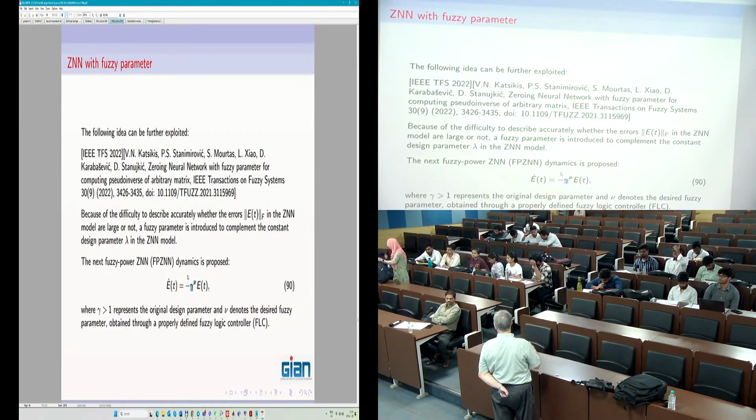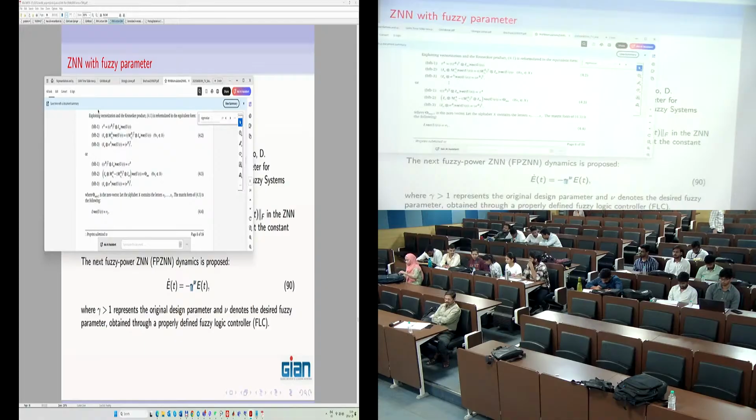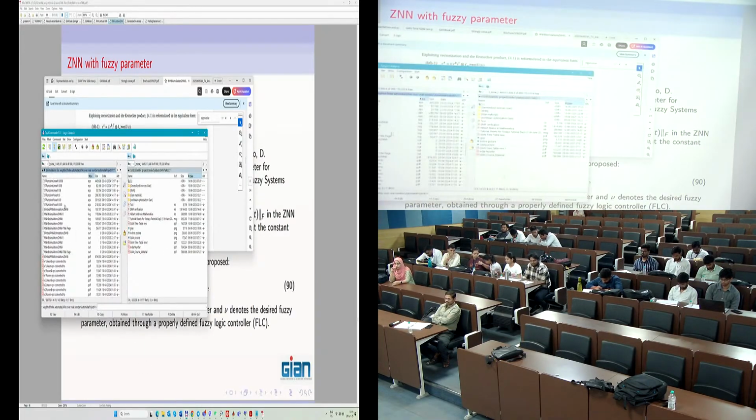We selected one of the possible membership functions, and fuzzification with another function is included in this paper. I think this paper is open here. No? We can open this paper.